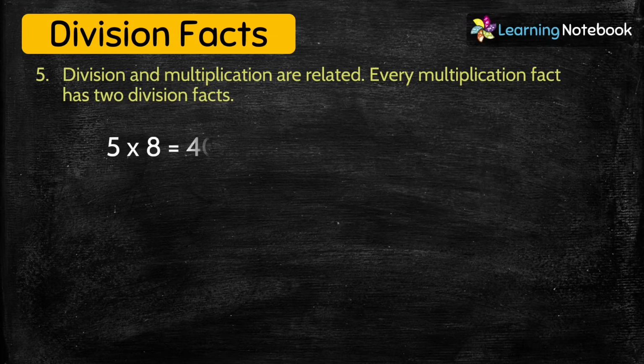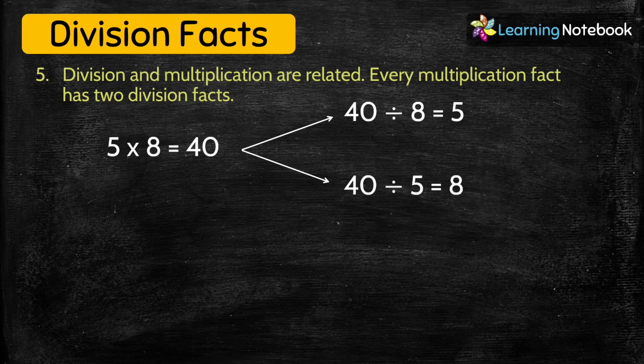To understand this, let's consider a multiplication fact. 5 into 8 equals 40. So it has two division facts. One is 40 divided by 8 equals 5, and the second division fact is 40 divided by 5 equals 8.